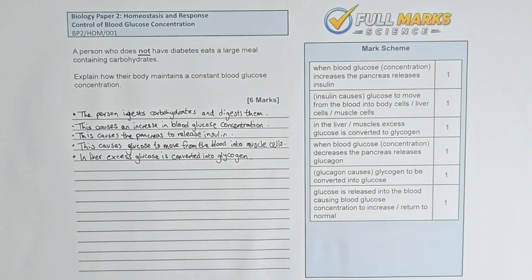Yeah, there we go. So excess glucose is converted into glycogen. So now we've said what is happening. We're kind of halfway through, aren't we? So we've described our drop in blood glucose concentration from the high spike at the beginning.